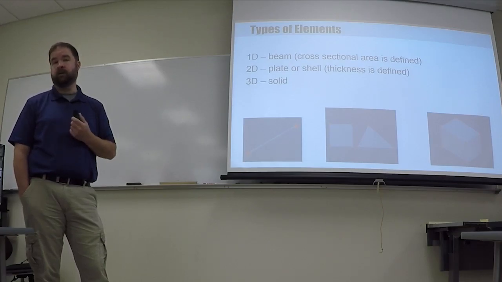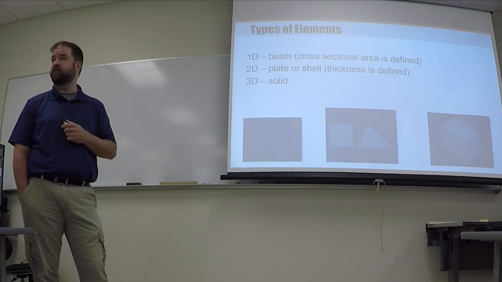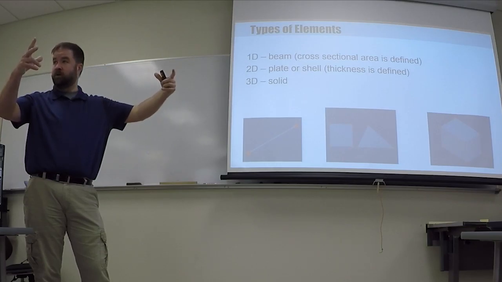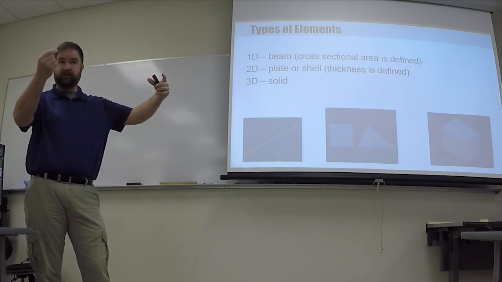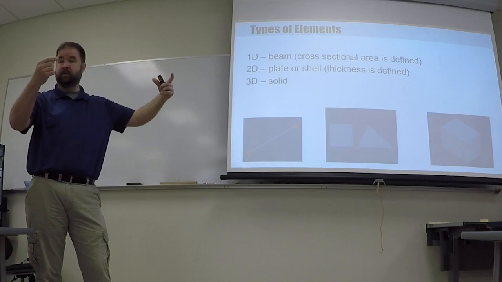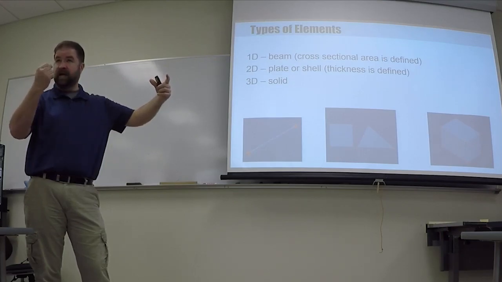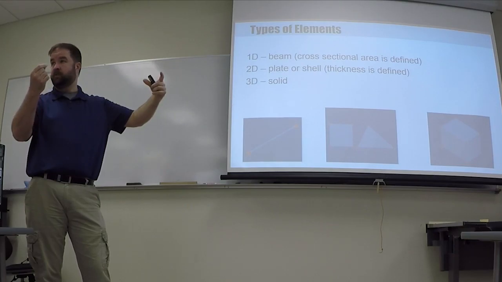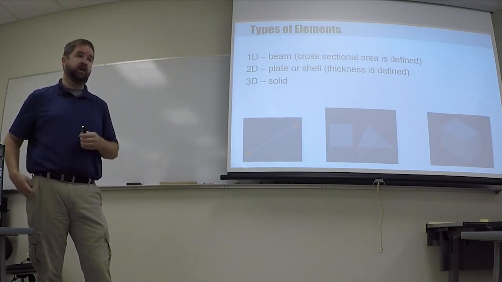A shelf. Okay. Yeah. All right, a shelf. A tank, like a storage tank, right? Has thin walls. Thickness of the tank is not terribly important, there's not a lot of variation in stress in the tank through the thickness of the wall. So you can model an entire tank with a shell.